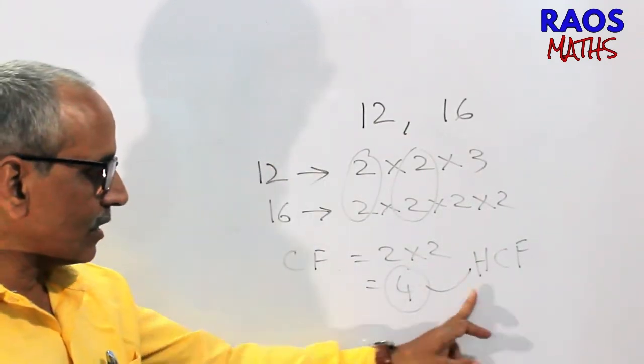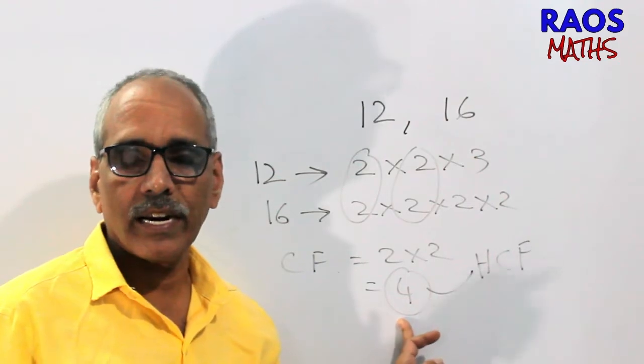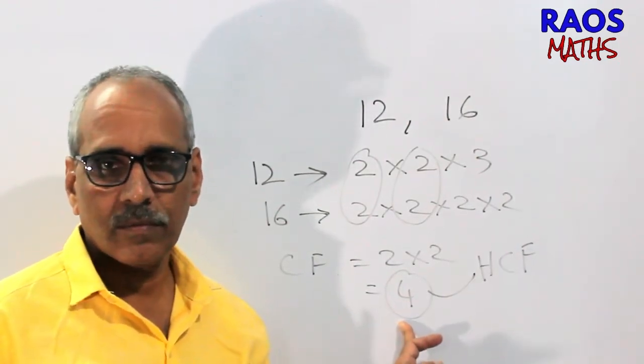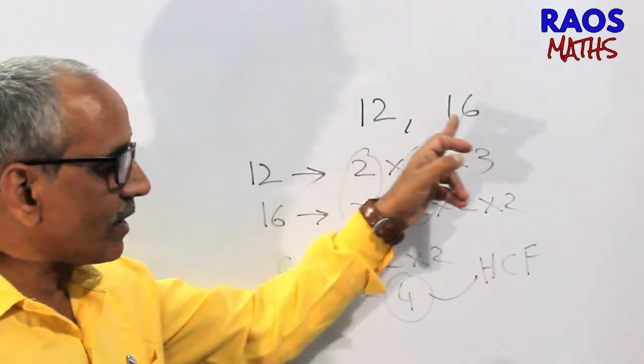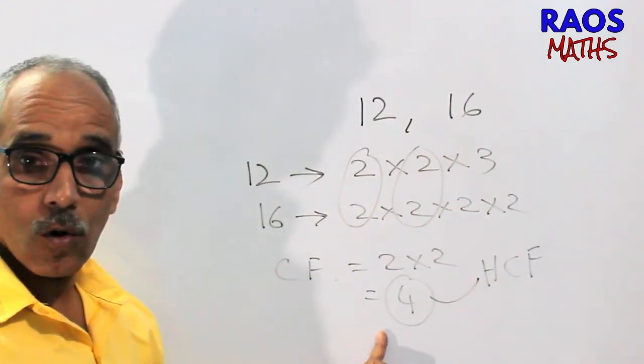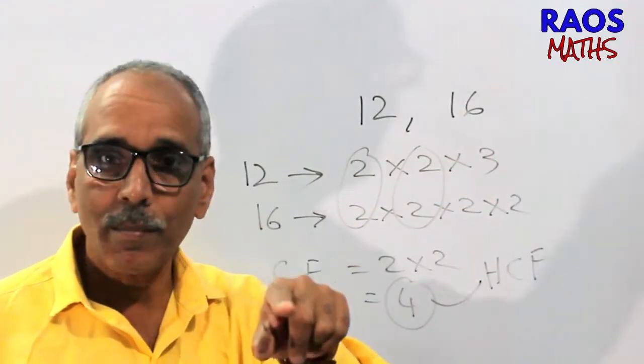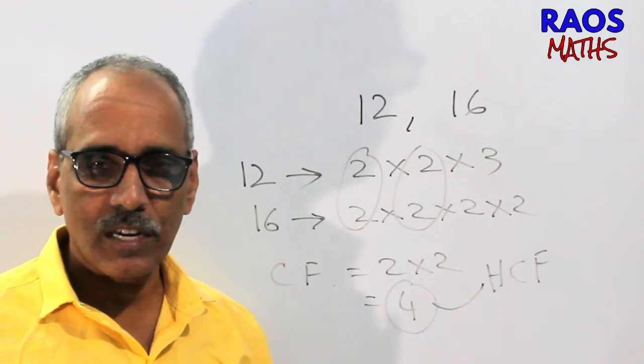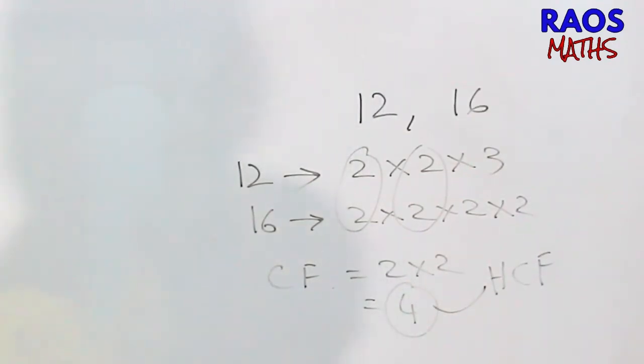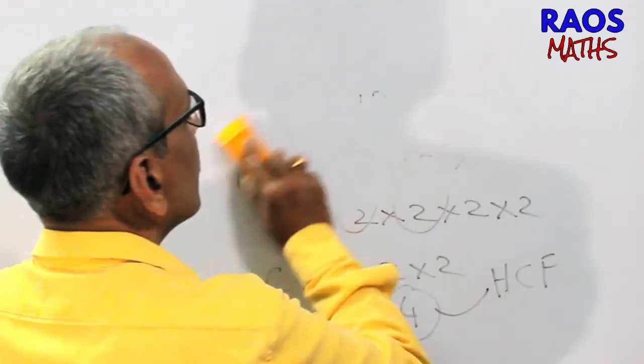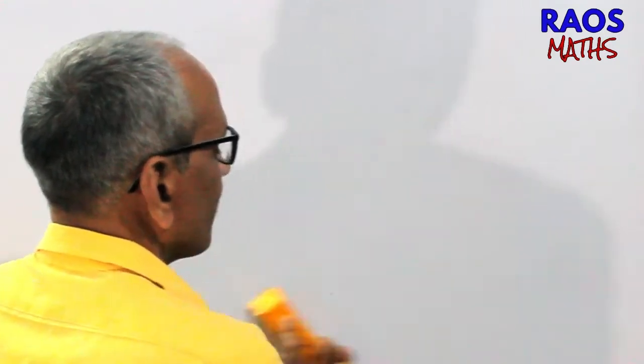So HCF is very important in writing the factors of the number. What is the common factor for 12 and 16? 4, the HCF. Do remember this 12 and 16, because I use 12 and 16 in the next example. I take one more example. Now I take expressions for 12 and 16.